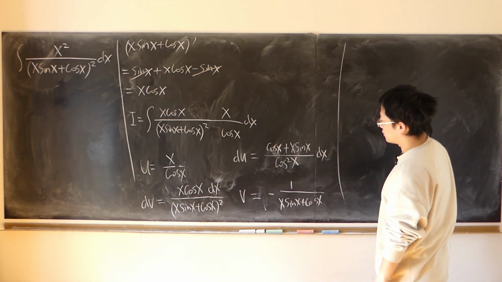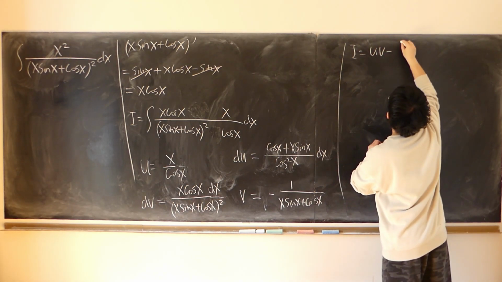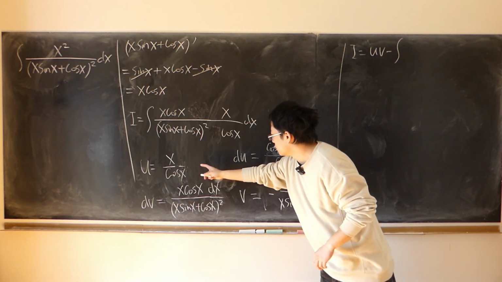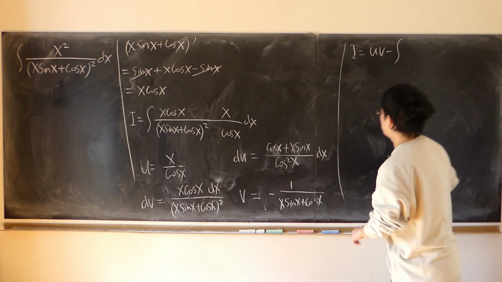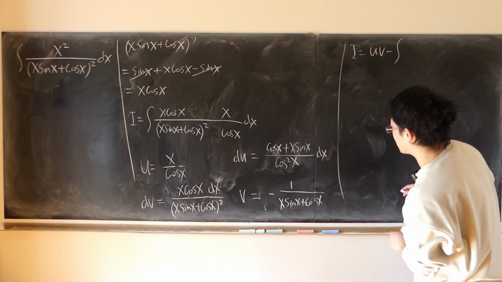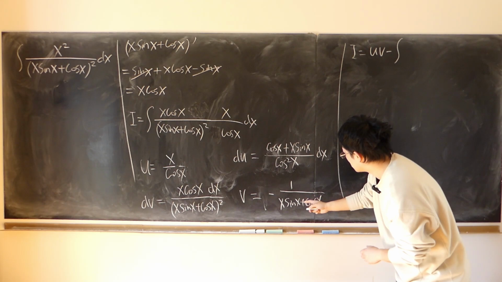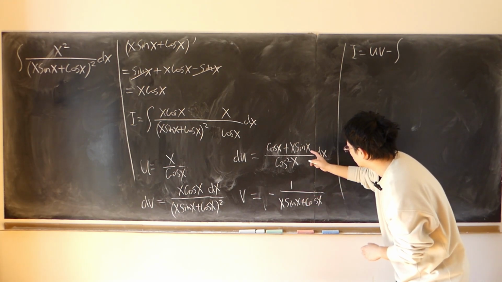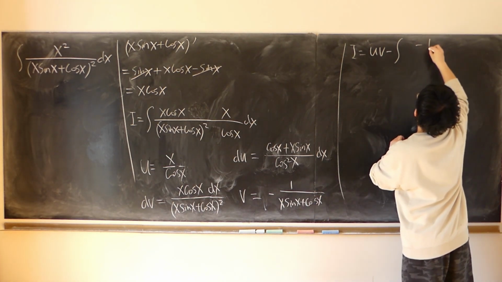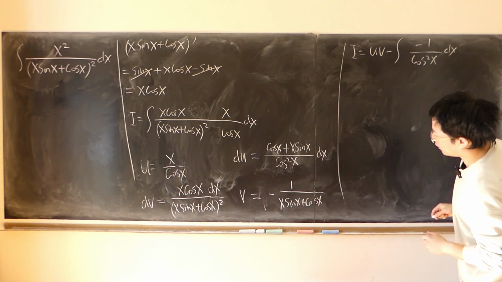So exactly this is the v. So therefore, uv minus, previously I had u dv, now it's v du. So what's v du? Top is this bit, bottom is the same bit, so they just cancel out. I only have 1 over cosine squared, negative, dx.